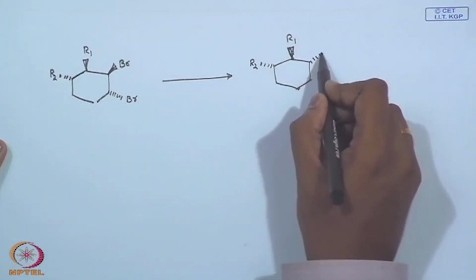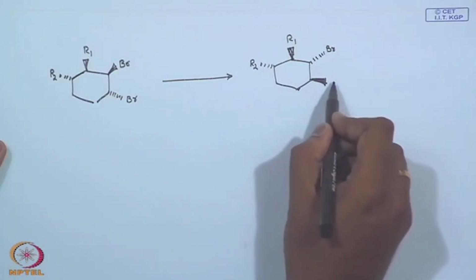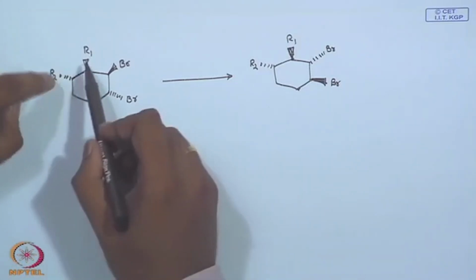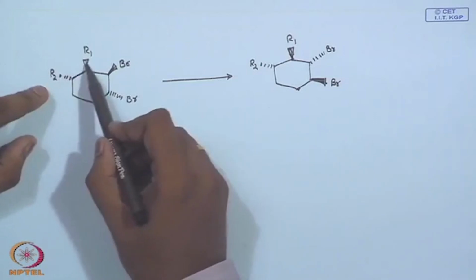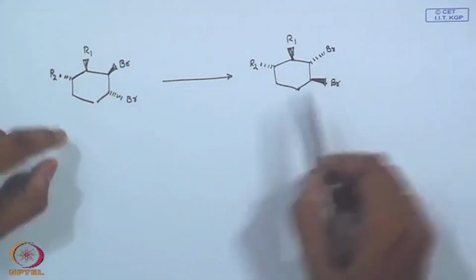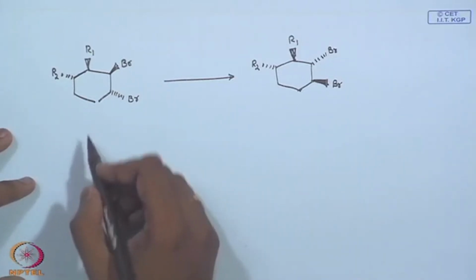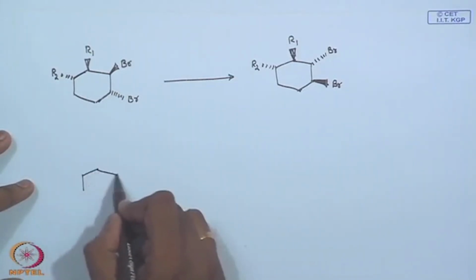Now if you see my bromines, they are completely interchanged. I have kept this R1 and R2, and you see the stereochemistry, the bromines have been completely interchanged.